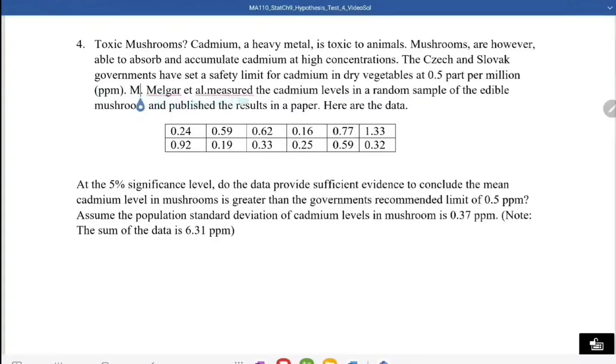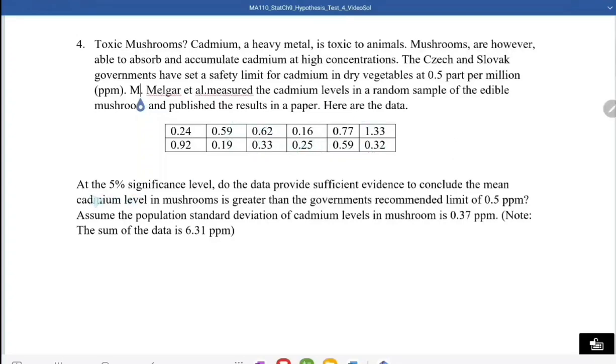M. Melger et al. measured the cadmium levels in a random sample of the edible mushrooms and published the results in a paper. Here are the data. So they've given us a set of data which represents the concentration of cadmium levels in a random sample of edible mushrooms.